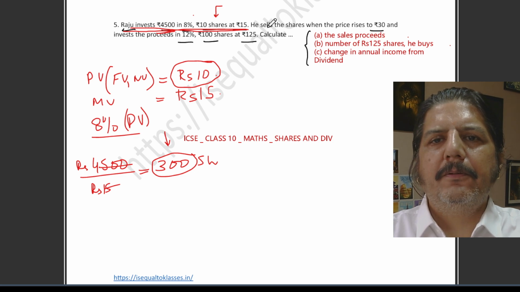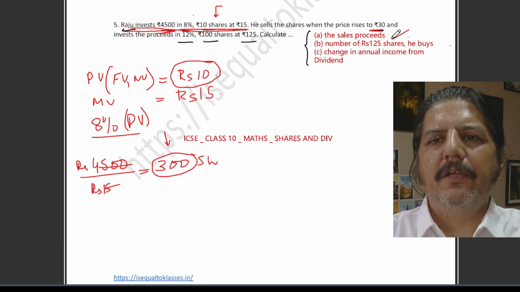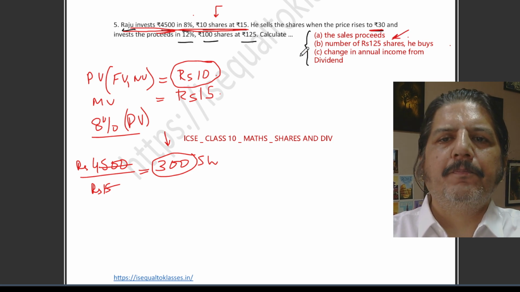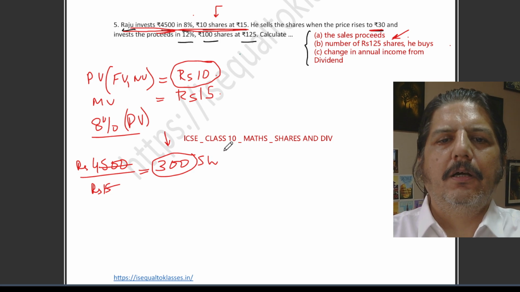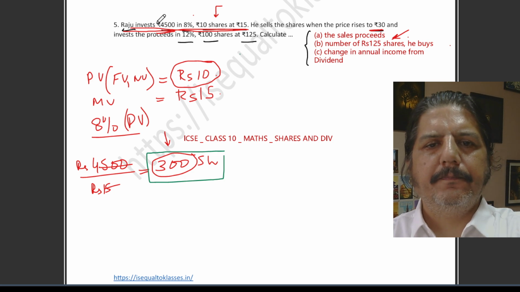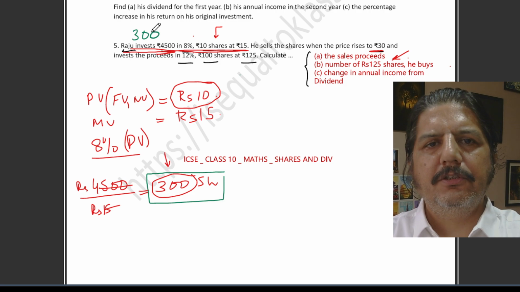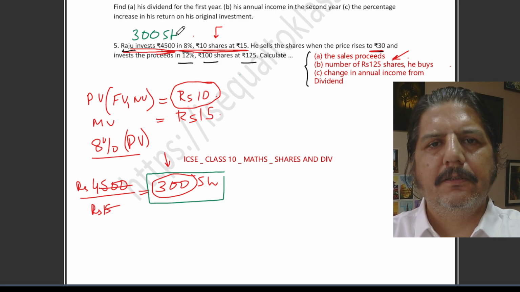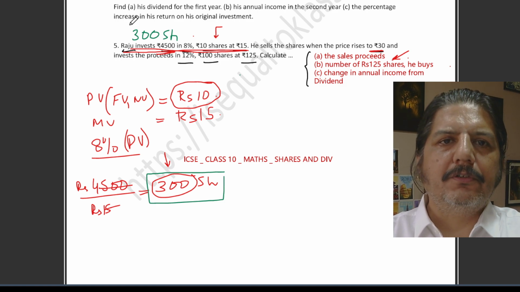He sells the shares when the price rises to rupees 30. The sales proceeds. So the first thing that we need to do is we'll be using this. Let me write it here. So these are 300 shares that he has. Sells the shares when the price rises to rupees 30.